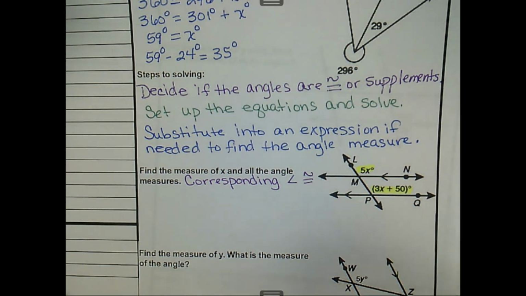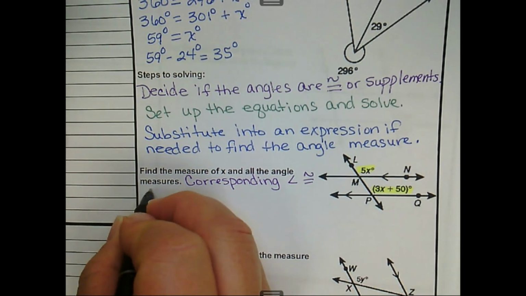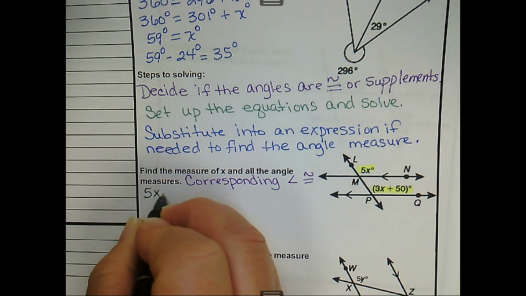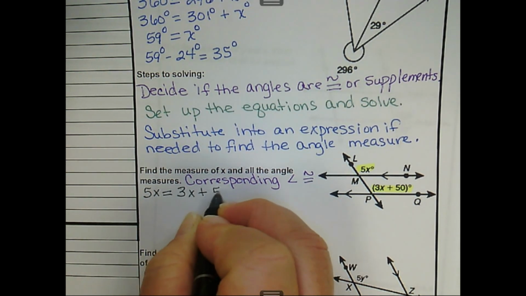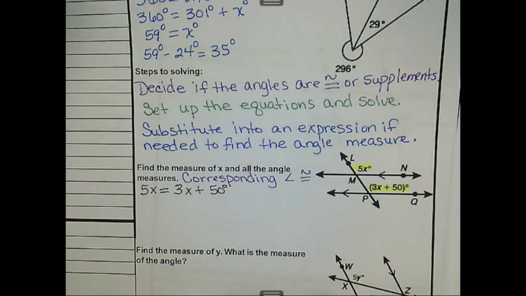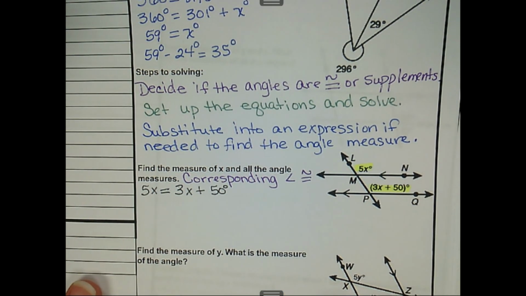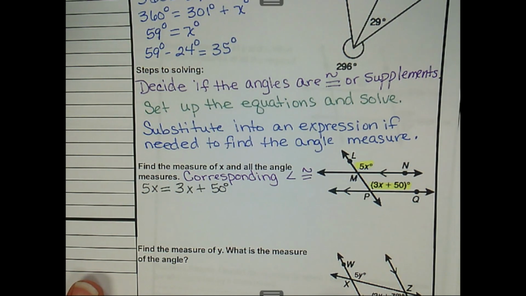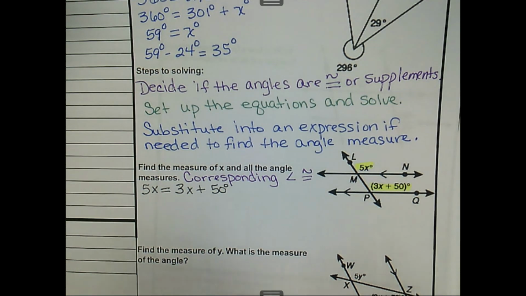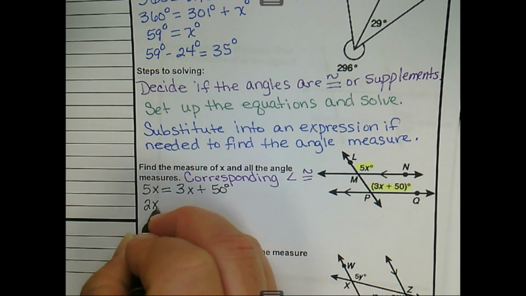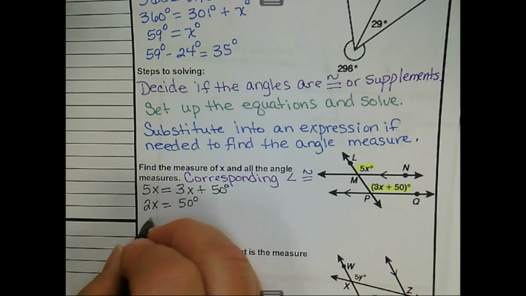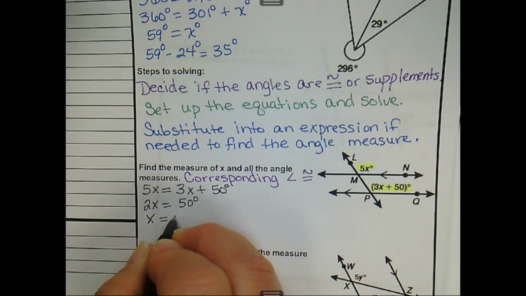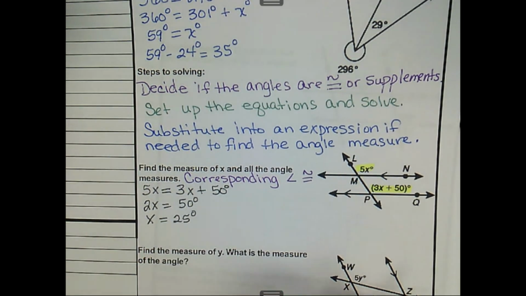So 5x is equal to 3x plus 50 degrees. Okay. Subtract 3x from both sides. 2x is equal to 50 degrees. Divide in half, and x is equal to 25 degrees.